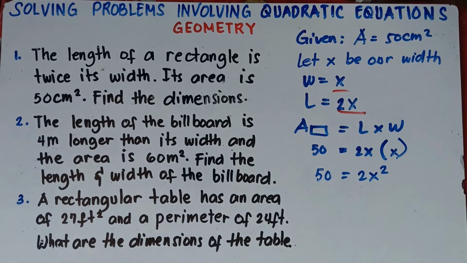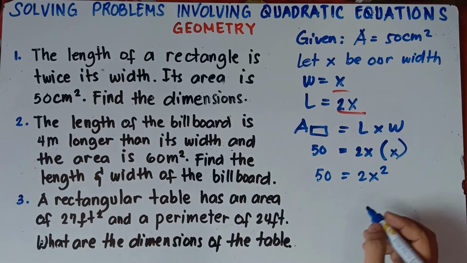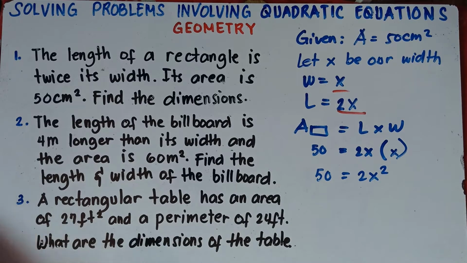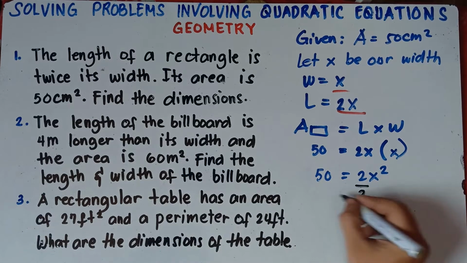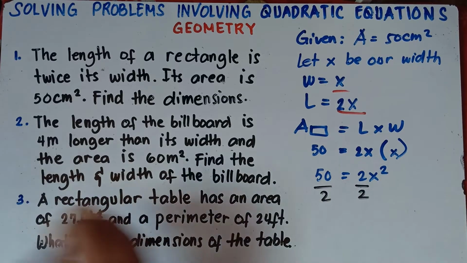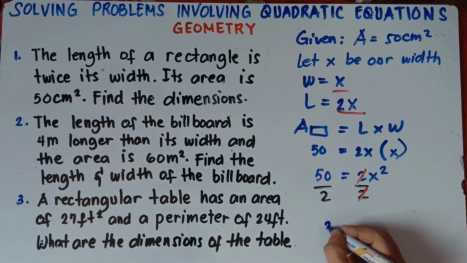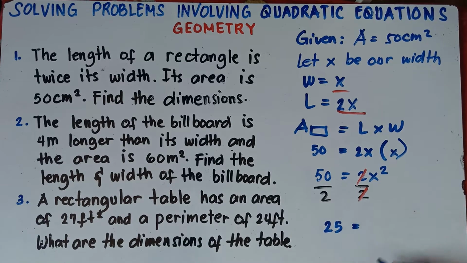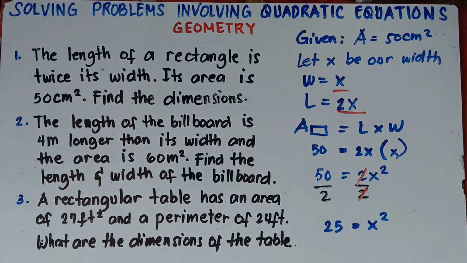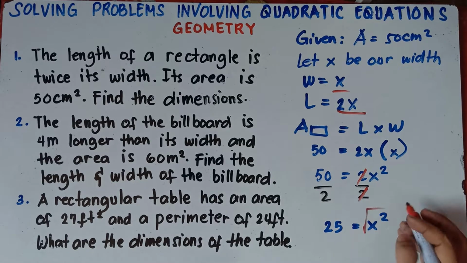To get the value of x, you divide both sides by 2 so that you can cancel this out. And 50 divided by 2 is 25, equals x squared. Then to get the value of x, extract the square root of both sides so that you can cancel this out.